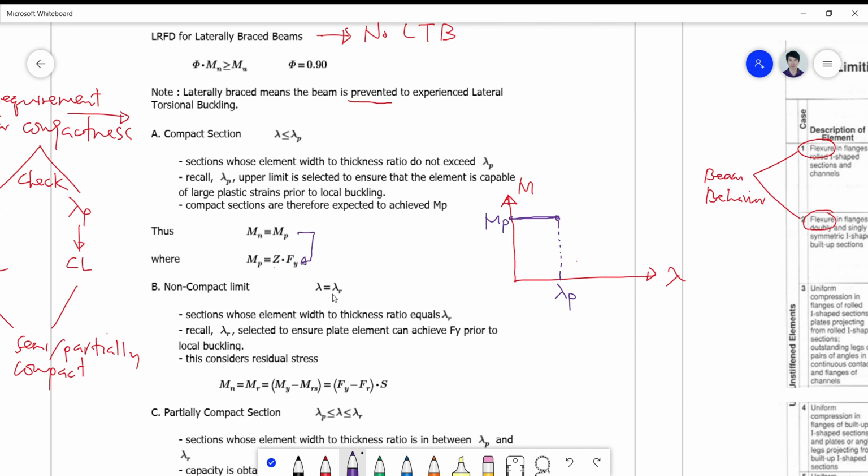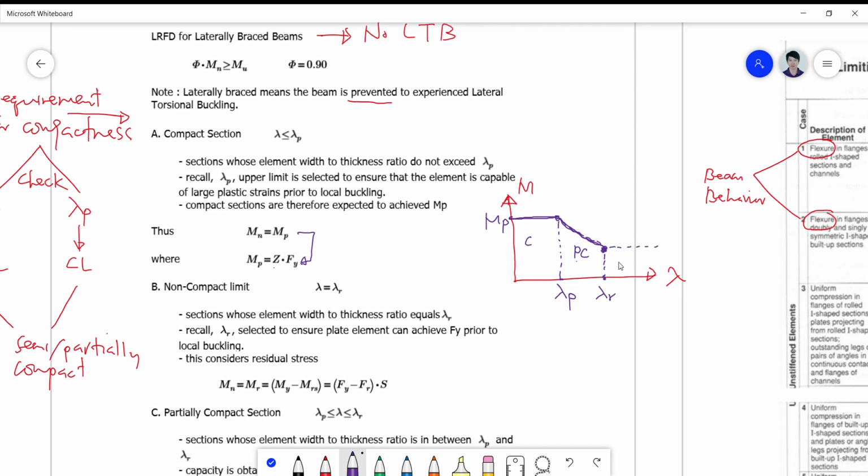Okay, for the non-compact limit, which is higher than lambda p here, this becomes the limiting point upon which your definition for partially compact will be defined. This is now the partially compact or the semi-compact, and this is now the compact.